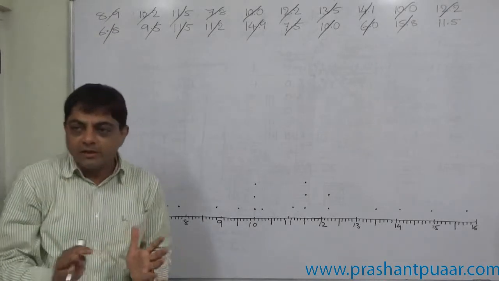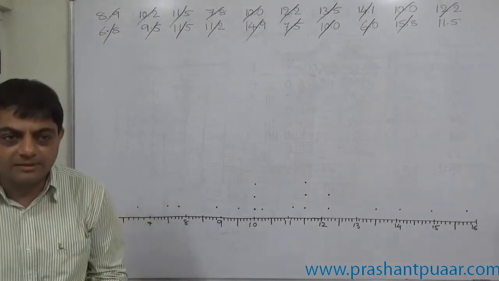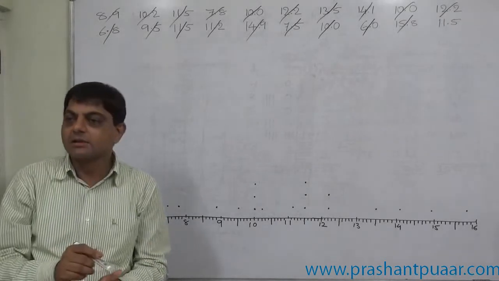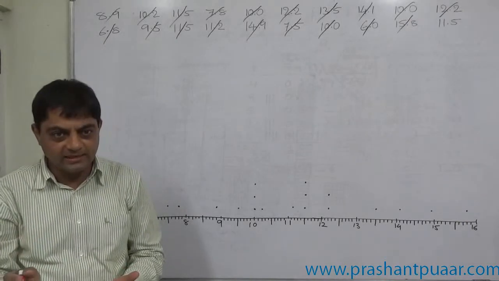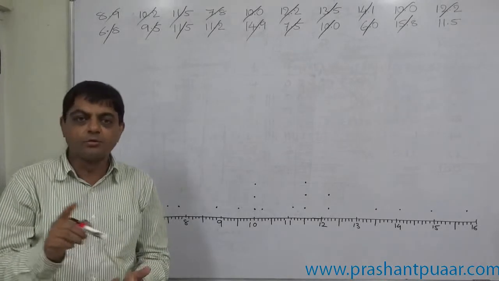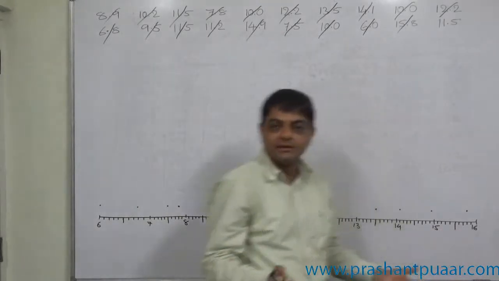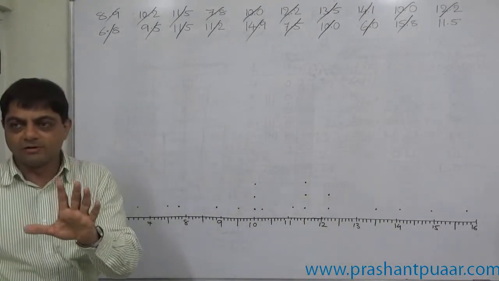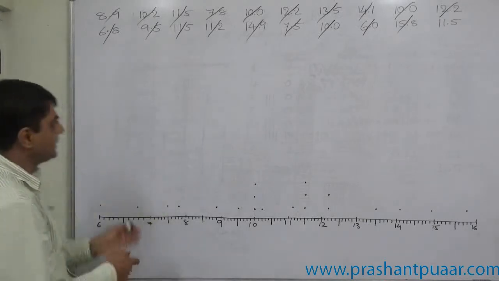Another best alternative with us is to go for double class interval. 6 to 7.9, 8 to 9.9, 10 to 11.9, 12 to 13.9 and 14 to 15.9. Only 5 class intervals will be there. So which is the best one? The second alternative is the best one.